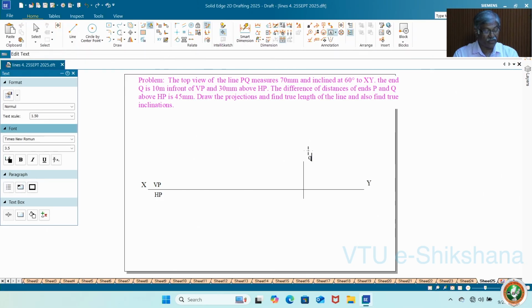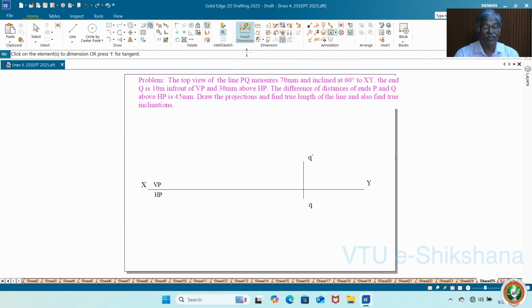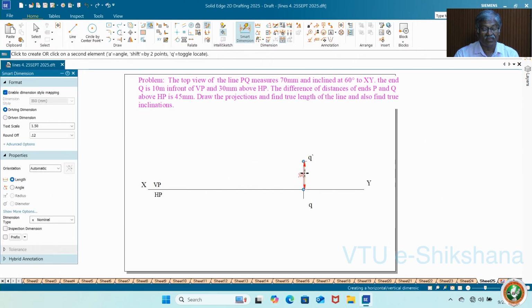For all practical purposes, you keep a black background. This is Q. It's a typical problem. Try to understand clearly. This one is 30, this one is 10 mm.